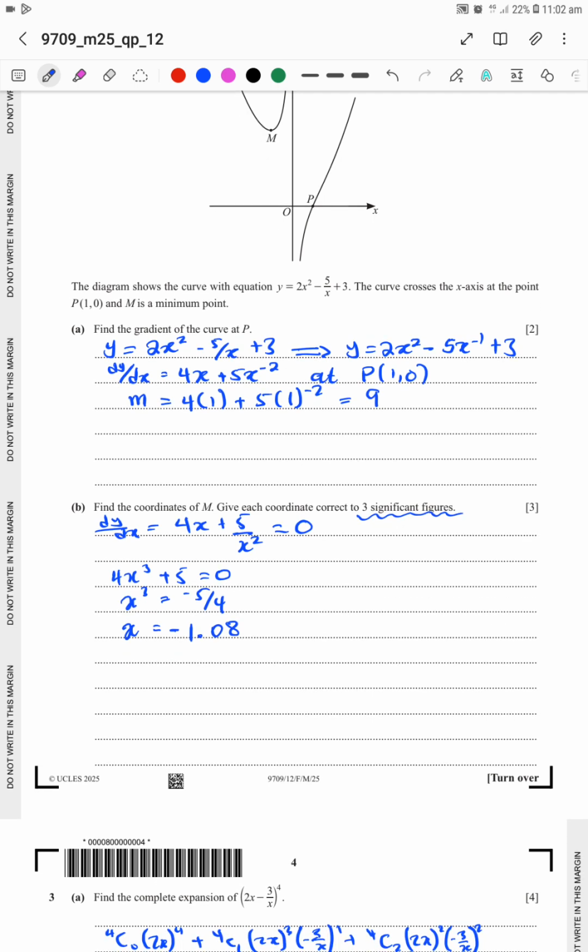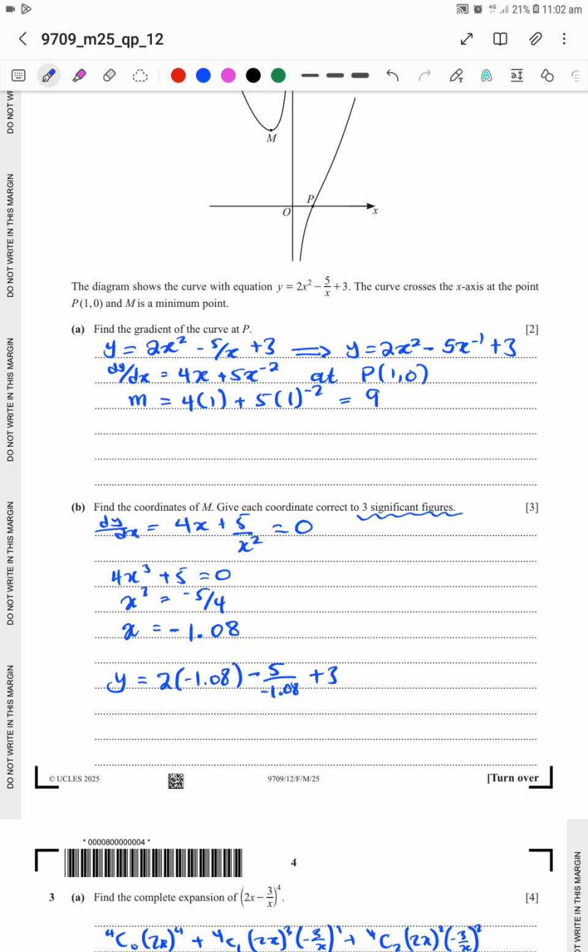Now, since we know the value of x, we can substitute into the main equation to find the value of y. y is going to be equal to 2 multiplied by the x value, which is negative 1.08, squared, minus 5 divided by the x value, which is negative 1.08, and plus 3. I'm quickly going to type this in my calculator. Because we have negative 5 divided by negative 1.08, it becomes positive 5 divided by 1.08.